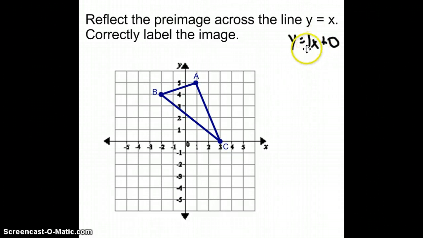So we would have a slope of 1 and a y-intercept of 0, meaning that line goes through the origin. So we can graph a line starting at the origin, going up 1 over 1, up 1 over 1, and so we end up with a diagonal line through the origin.